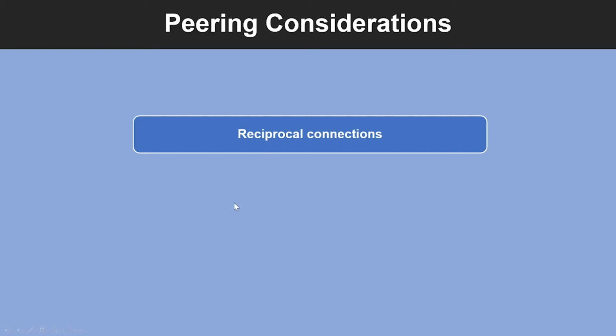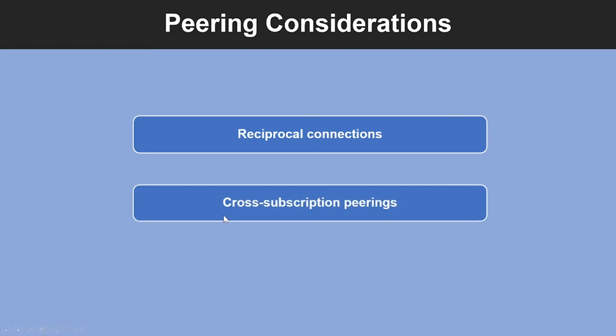Another consideration is cross-subscription virtual network peering. You can use virtual network peering even when both virtual networks are in different subscriptions. This might be necessary for mergers and acquisitions or to connect virtual networks in subscriptions that different departments manage. And virtual networks can be in different subscriptions, and the subscriptions can use the same or different Azure Active Directory tenants.